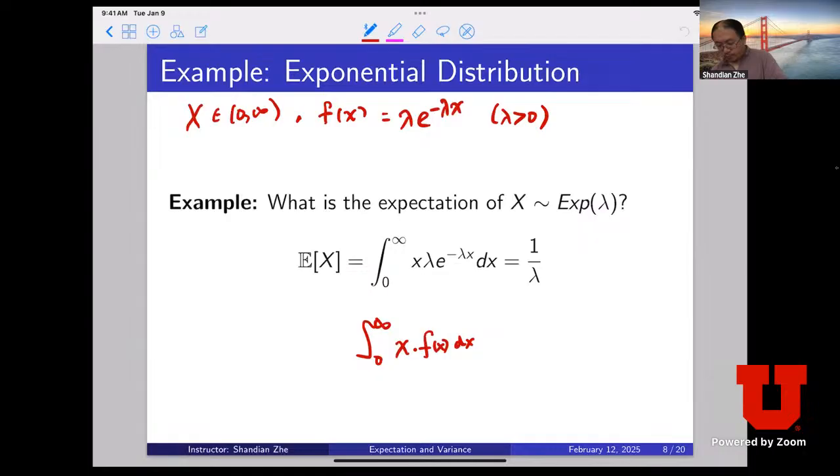So substitute the form of the exponential distribution's PDF. You have this, and the next thing is just to calculate this integral. How do we calculate this? Any thoughts?